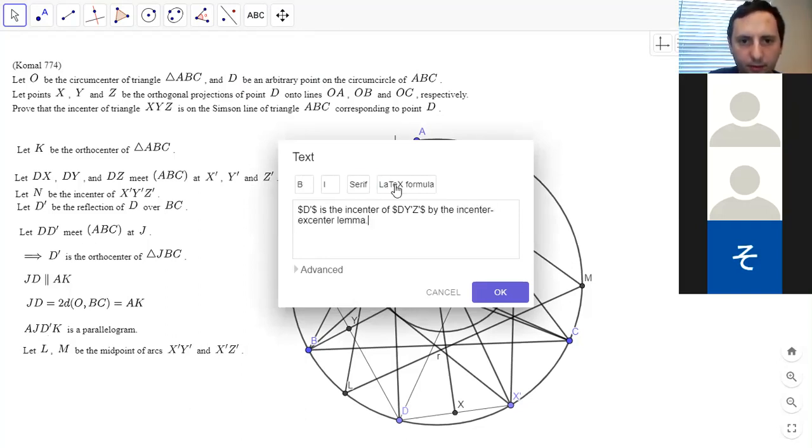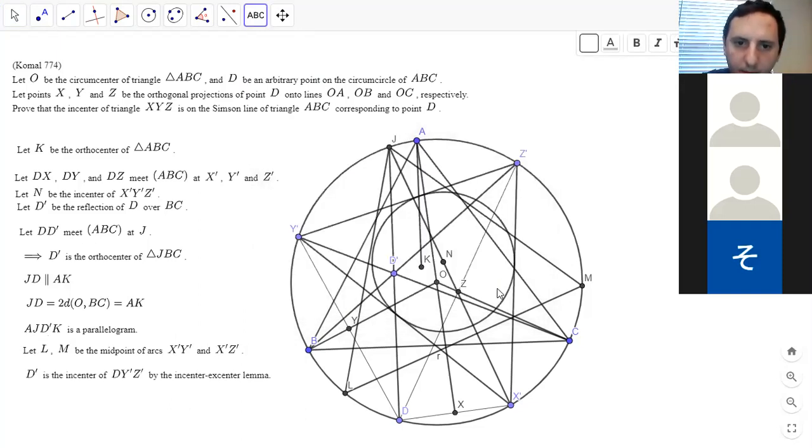And from there, it's easy to see that LN equals LX prime by the incenter-excenter lemma.